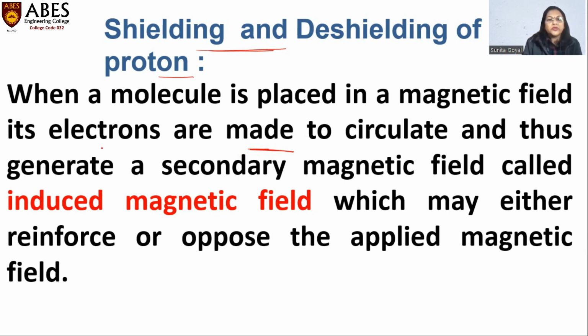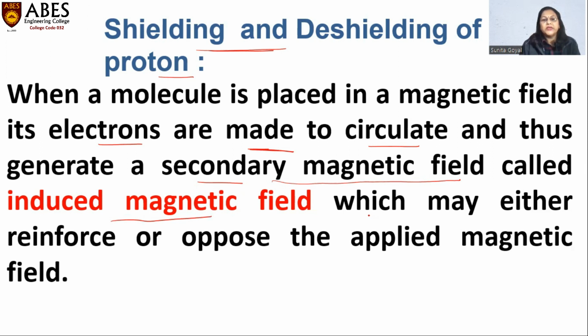These electrons are also charged bodies and they get circulated. They remain circulated and therefore they generate some magnetic field, which is known as a secondary magnetic field or induced magnetic field.